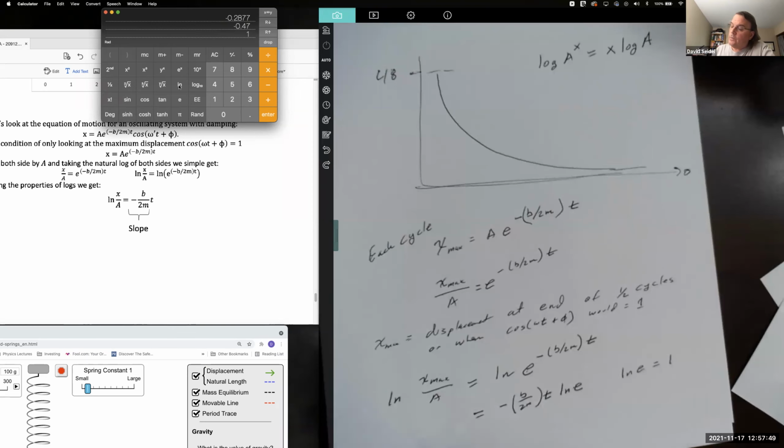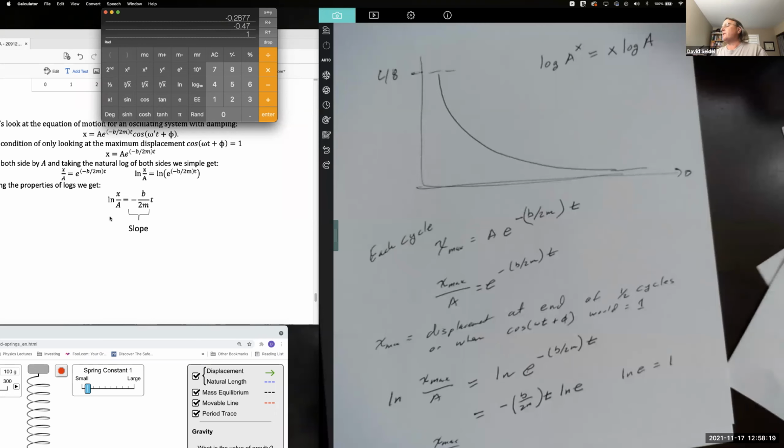So I can do ln of X max over A, or what we measured of X over A. Remember, we measured X each time at the edge of the cycle. We have A, that's the initial displacement. We take the natural log of all those values.